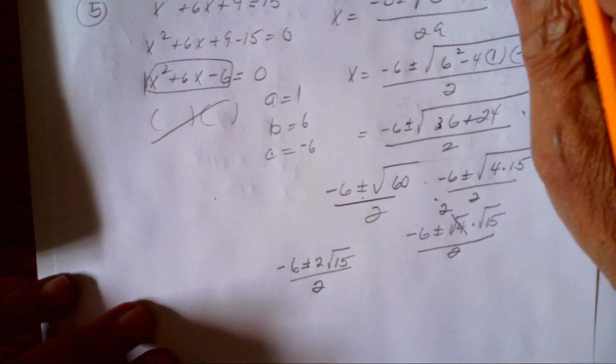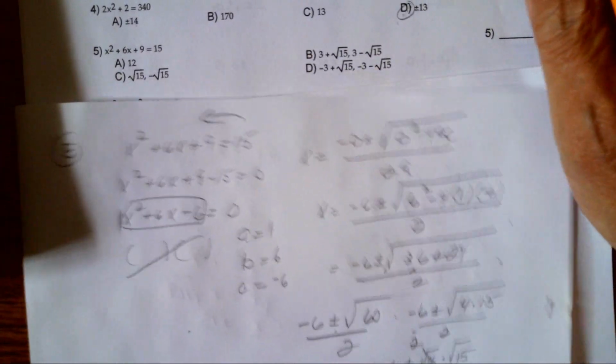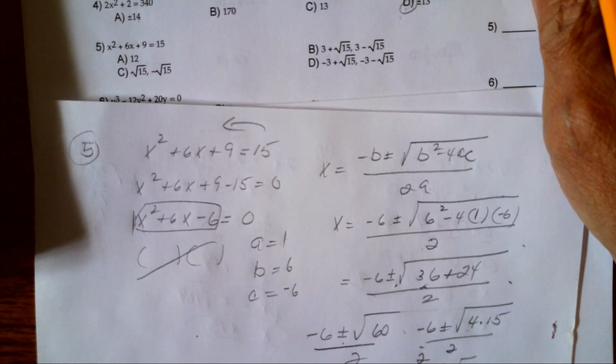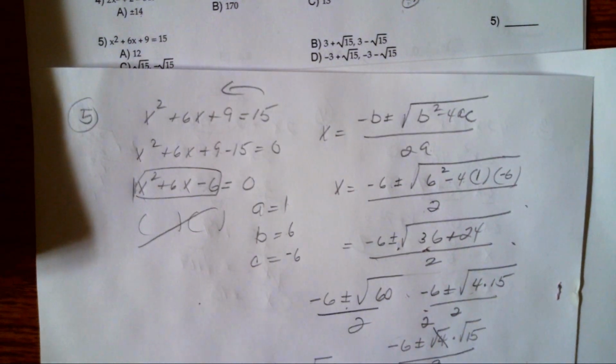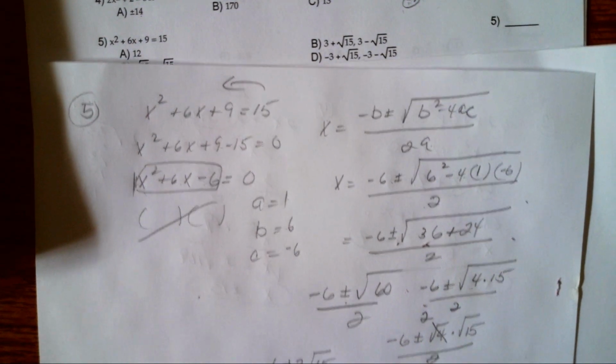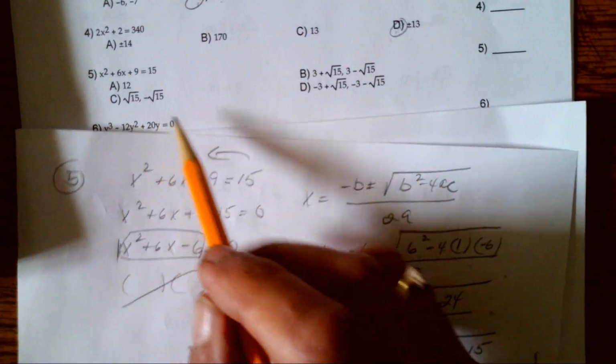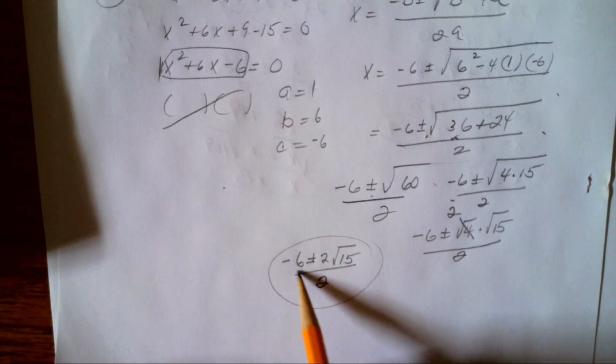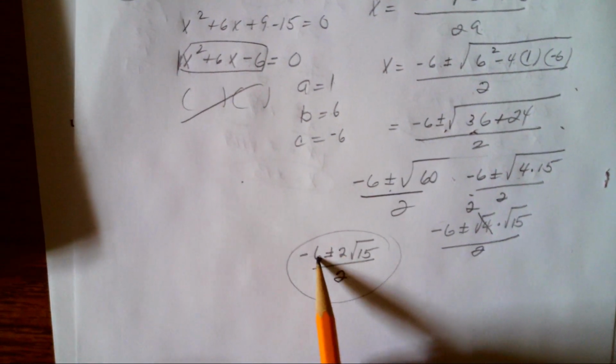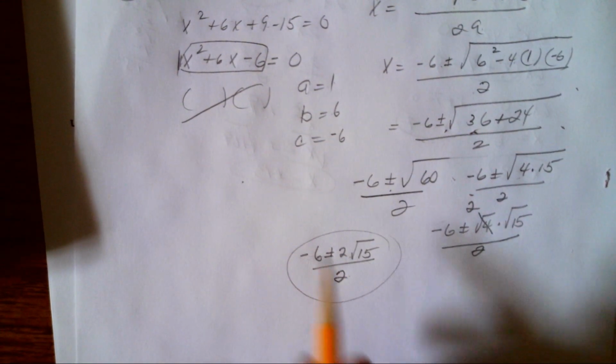You look at the answers for number 5, you don't see that, all right? If you don't see this answer listed here, what you're saying to yourself is maybe there's something more I can do here. Now I notice that 6 and 2 all have a factor of 2.